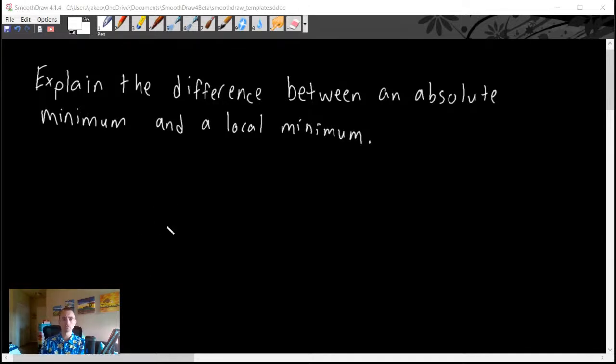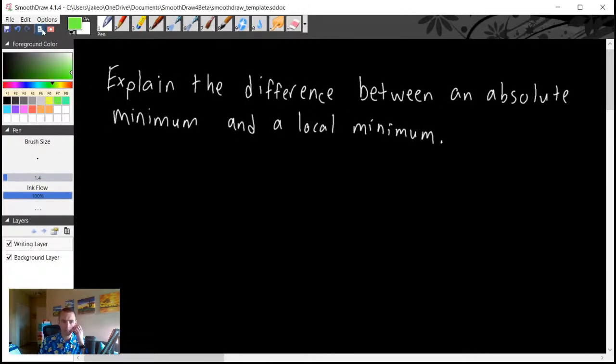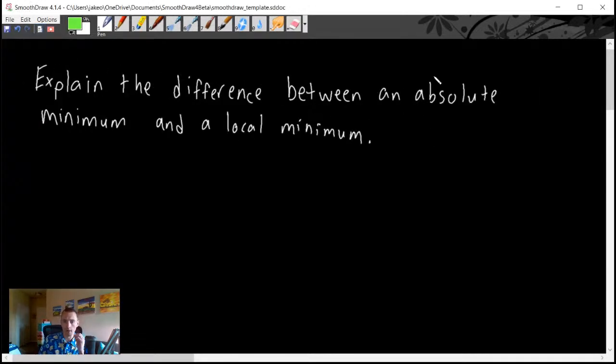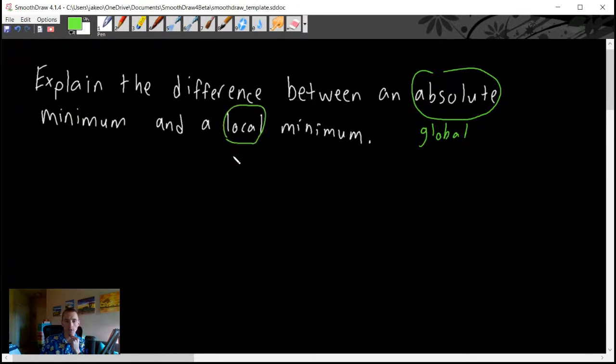In general, one quick thing I want to point out. Whenever you're dealing with an absolute minimum or maximum, absolute is also interchanged with the word global. So global and absolute minimum and maximum are the exact same thing. And similarly, the word local is often interchanged with relative.